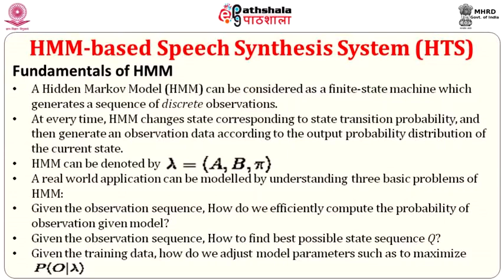Problem 1: given the observation sequence and the HMM defined by lambda, how do we efficiently compute the probability of the observation given the model? Problem 2: given the observation sequence and the HMM defined by lambda, how to find the best possible state sequence Q?